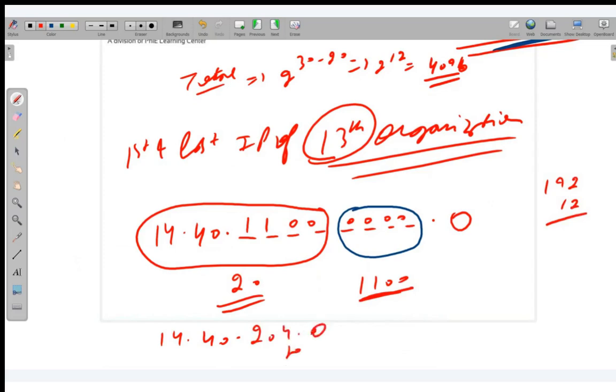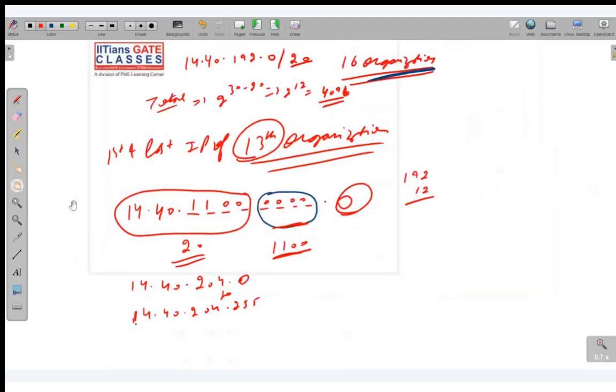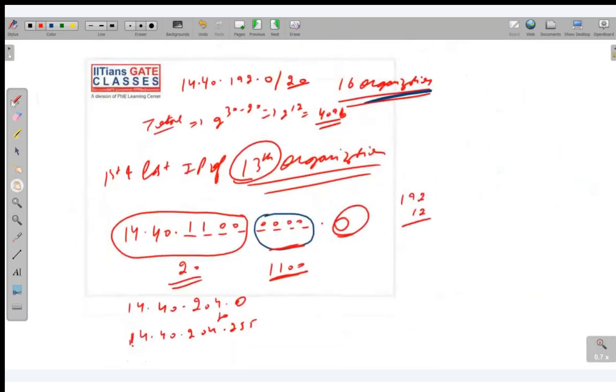Okay, until what point we will go? See this. So now these 4 are also fixed. So these will go from all zeros to all 1. So 14.40.204.255. Any doubt here? Nice, sir. Okay, so now you can do any type of question like this. So it's more than sufficient.